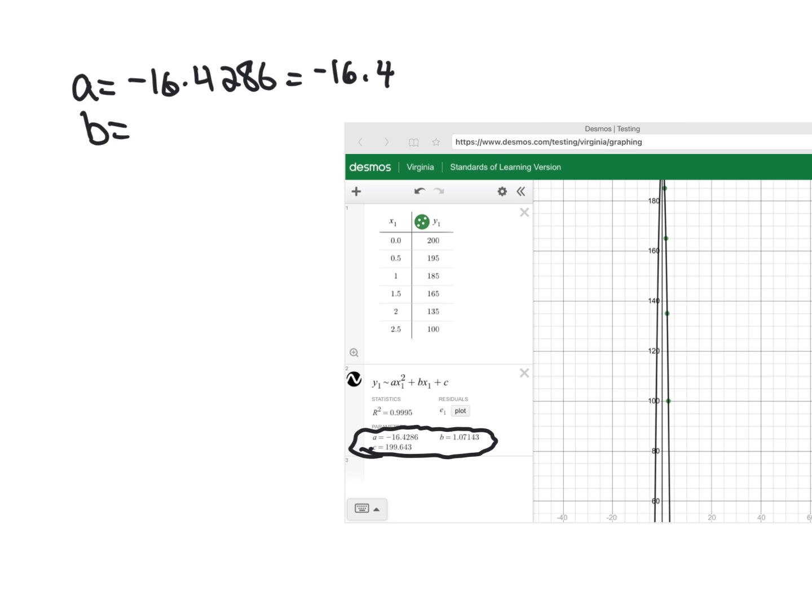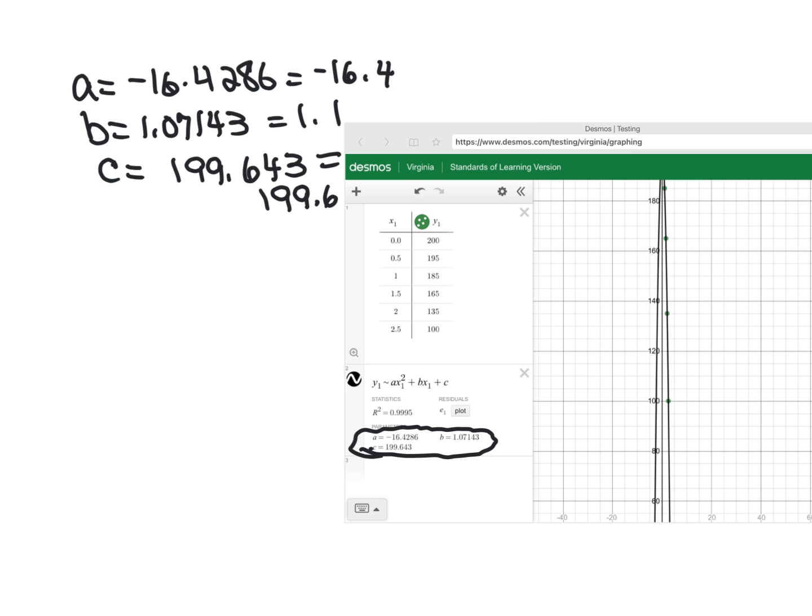B has a value of 1.0714. I'm going to round that to be 1.1. And C has a value of 199.643. And I'm going to round that to be 199.6.